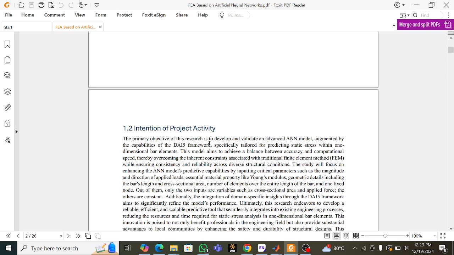Ultimately that will benefit local people from injuries and expense. They will not pay any money to replace or maintain the structure. So this is all about the non-technical aspect of the study intention.